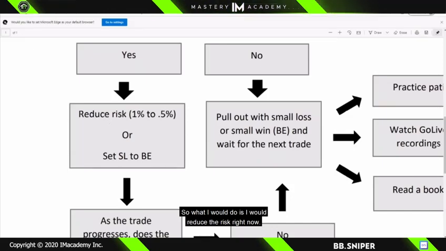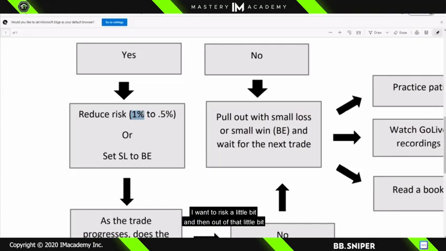So, what I would do is I would reduce the risk, right? Now, what that means is, just like I explained on this last part, if I initially risked 1% and the market is now going in my favor, my goal is to take risk off the table, right?